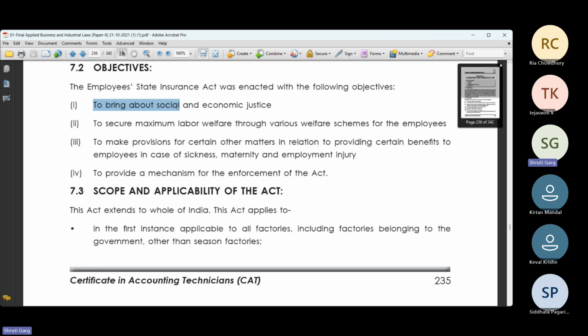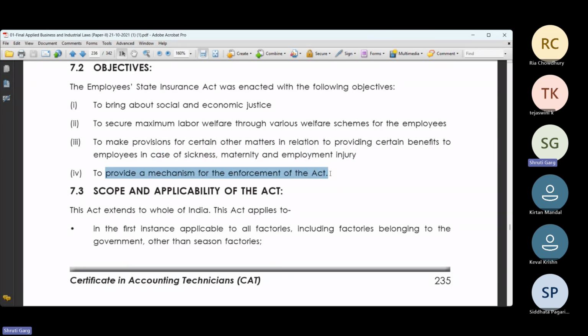Number one, to bring about social and economic justice, to secure maximum labor welfare through various welfare schemes for the employees. In these welfare schemes, they make provision for certain matters related to benefits in case of sickness, maternity, and employment injury, and to provide a mechanism for the enforcement of the act.